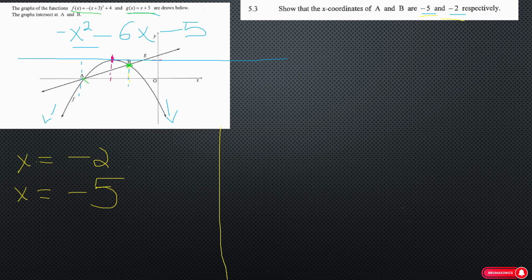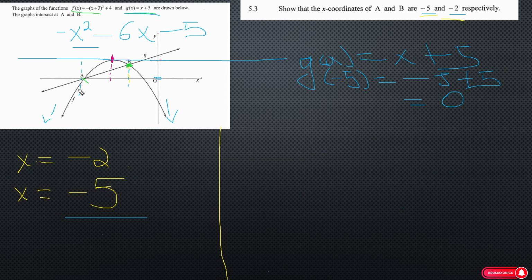If you check here, you will see that y is actually at 0, meaning that g of x, this equation, can give us that. Let's say that is your g of x, which is equal to x plus 5. If we substitute -5, g of -5, we get -5 plus 5, which is equal to 0.